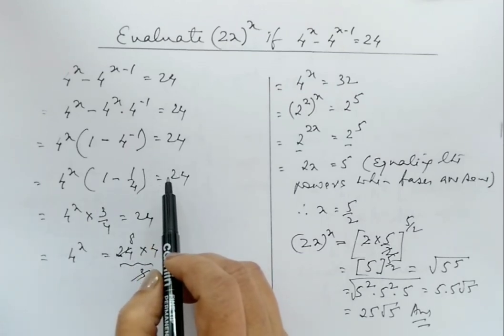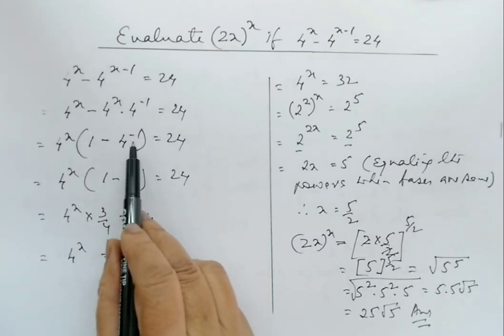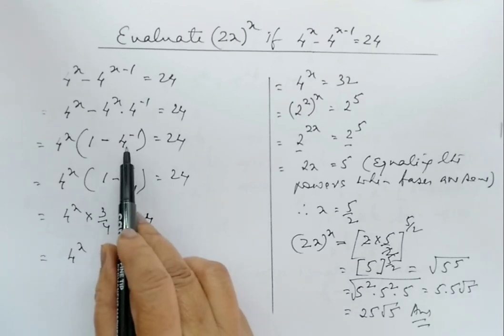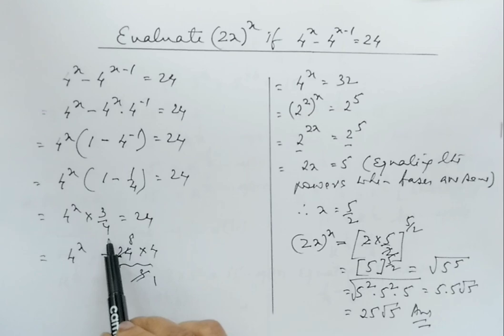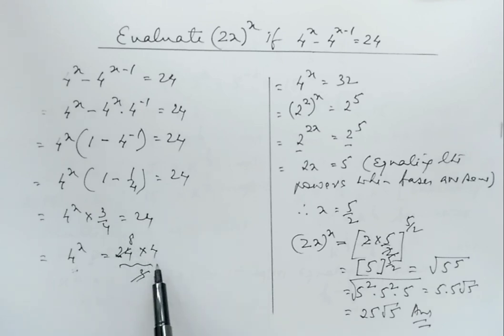Here when we simplify this, this comes down, the reciprocal of 4 is 1 by 4. We get 3 by 4. This is to be made the subject, which means this needs to be transposed to the other side. So 4 by 3. Here we get 32.